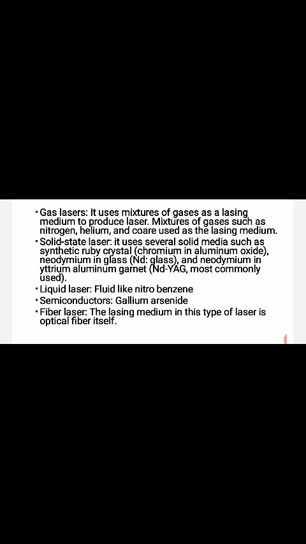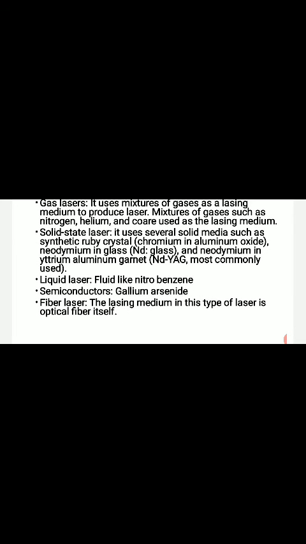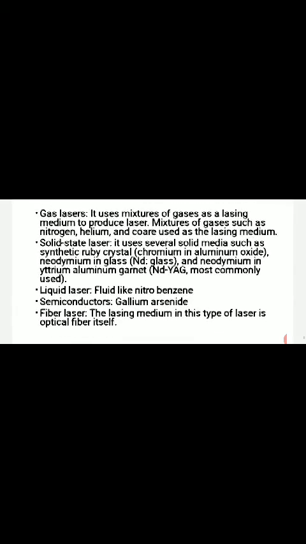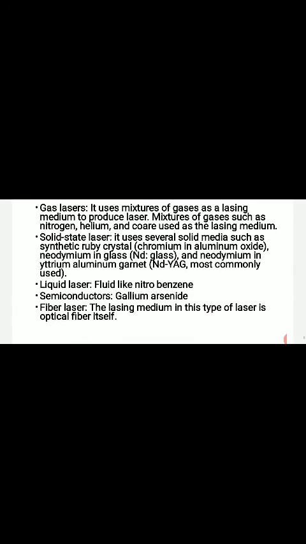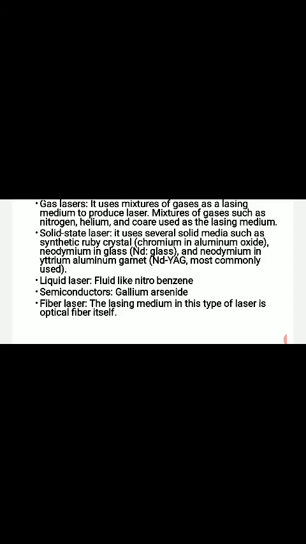They are repelled back, moving in a zigzag manner and bombarding each other, gaining high velocity, colliding with the flash lamp, gaining high instantaneous energy, and moving toward the partially reflected end. Once they gain high energy, they are emitted out from the tiny hole in the partially reflected end and focused over the work part through the lens.